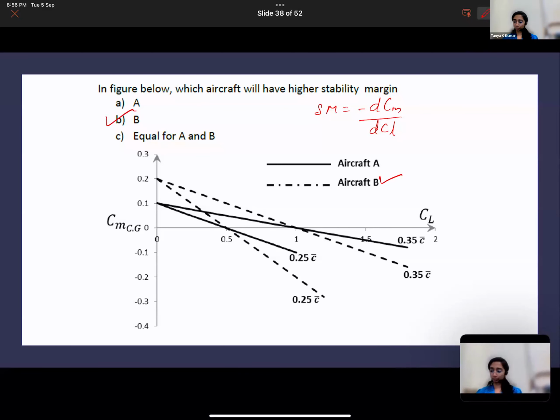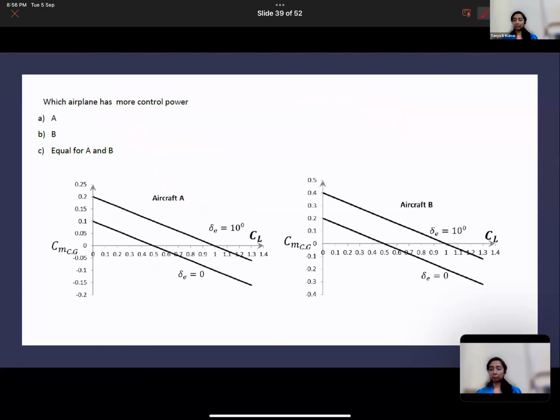Correct. Okay. Which airplane has more control power? Control power is CM delta E. The graph is between CM and CL, but they're given to you for two elevator deflections.